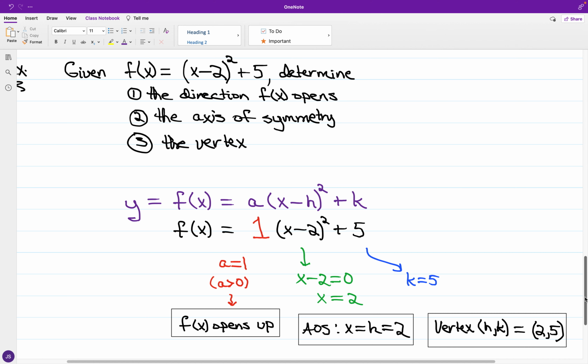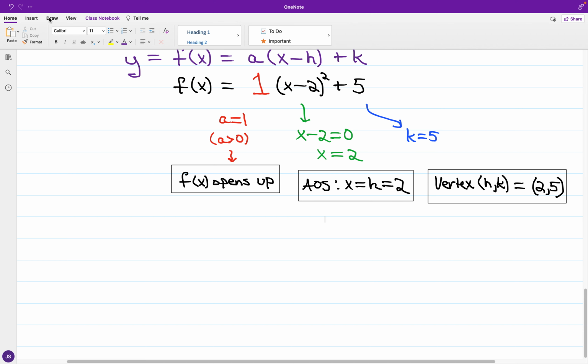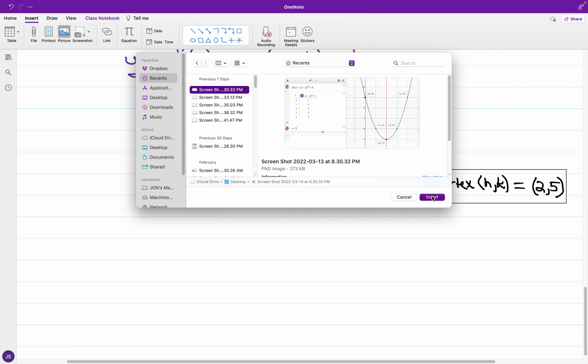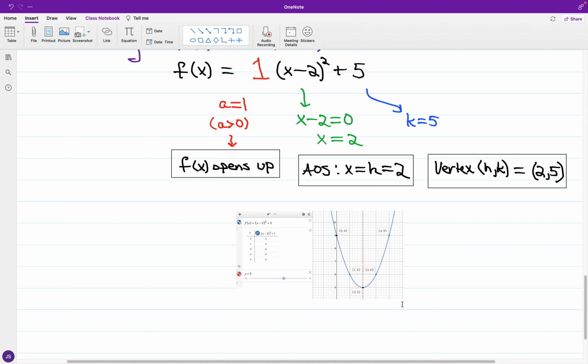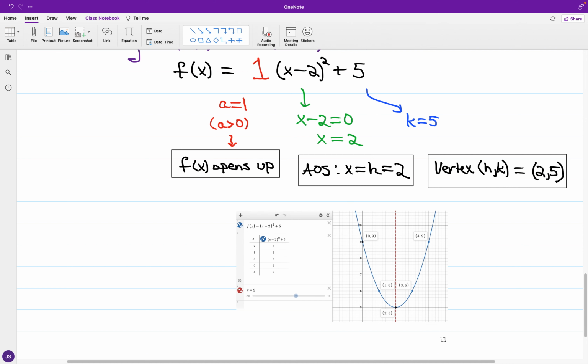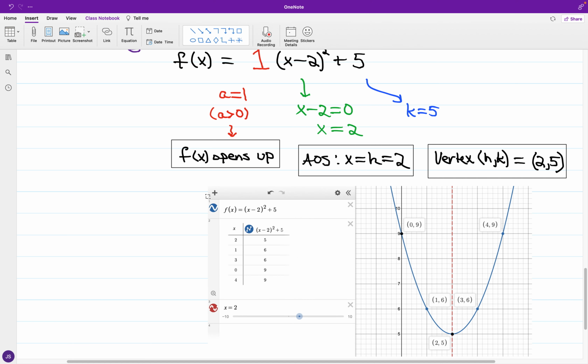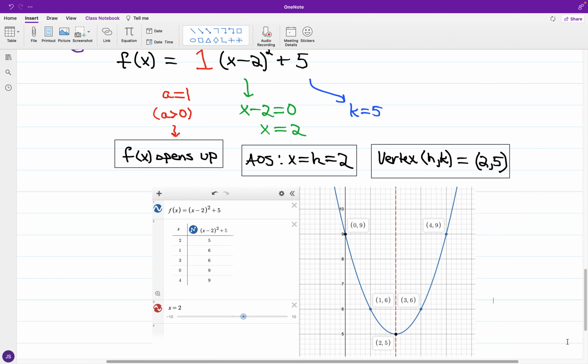And to give a bit of a visual, I think I still have this up. So in the case of our function, y is equal to f of x is equal to the square of x minus 2 followed by the addition of 5.